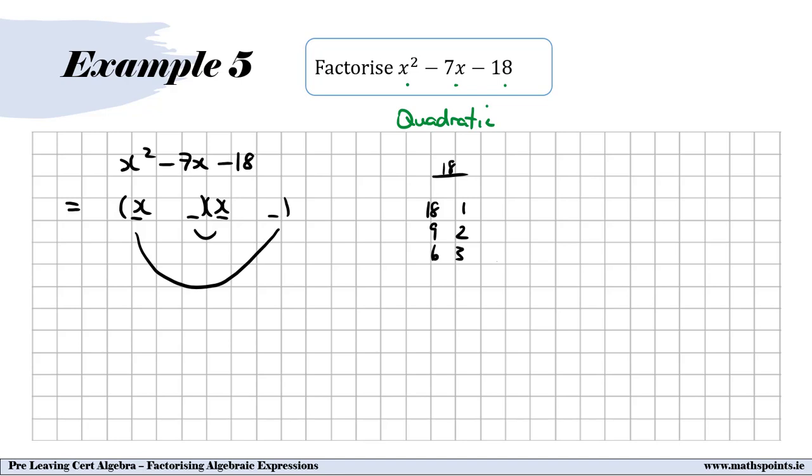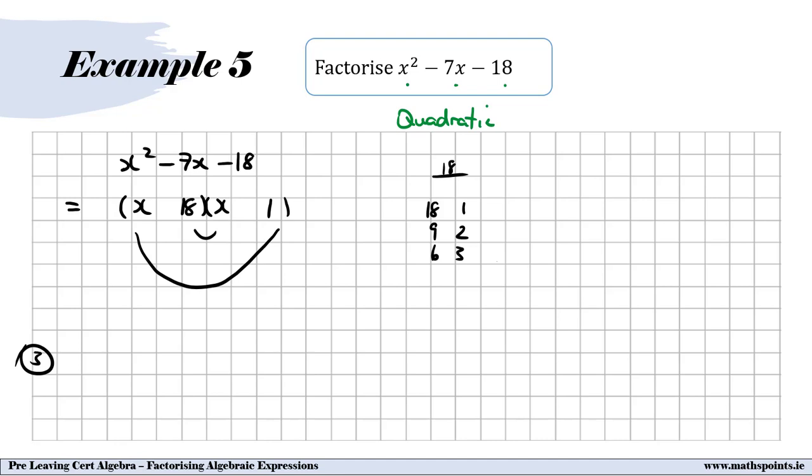We're going to pick an incorrect solution initially just to check our trial and error method. So what we're going to do is let's just put in 18 and 1, which I know to be incorrect. So put down an 18 in the first bracket and a 1 in the second bracket. Let's try the 3 checks that we have to make. The first check is the first part of each bracket multiplied to give x squared. X by x is x squared, so that works.